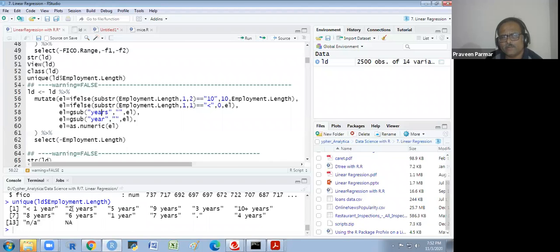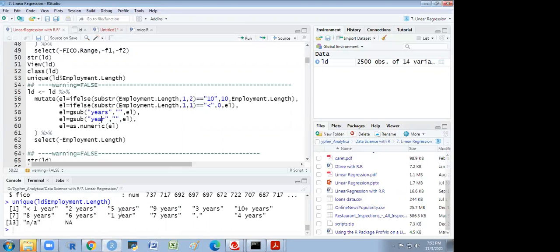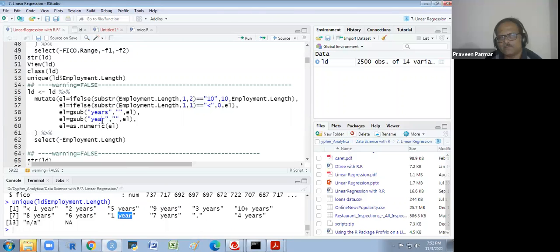So it will be removed, and you will get over there 2. Got it? Okay. It will remove from every number. Wherever the years, it will remove. And there is a 1 year. So I have done the same process for the year. Got it? Okay.